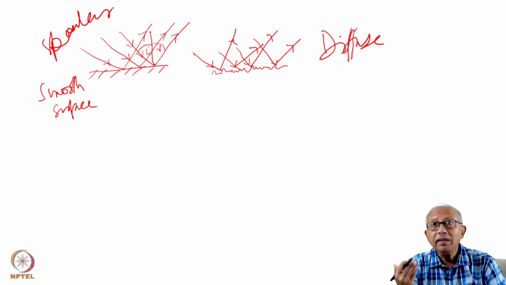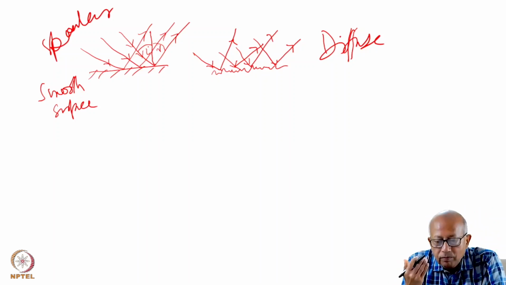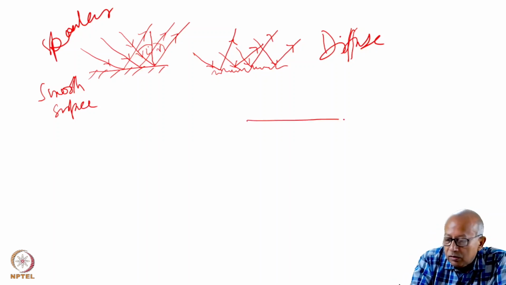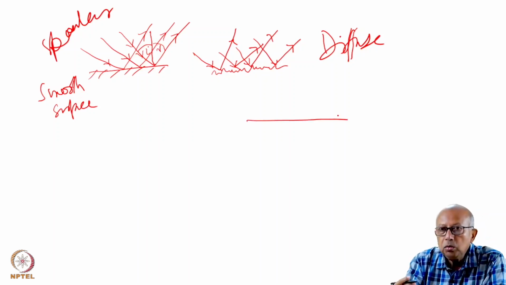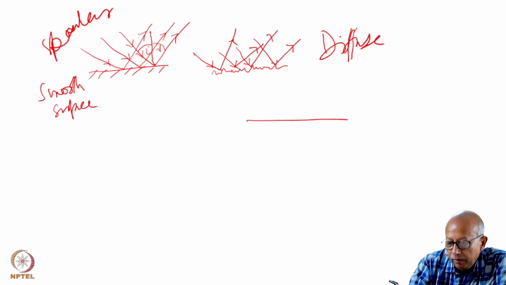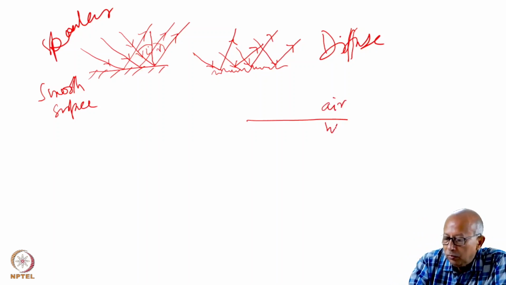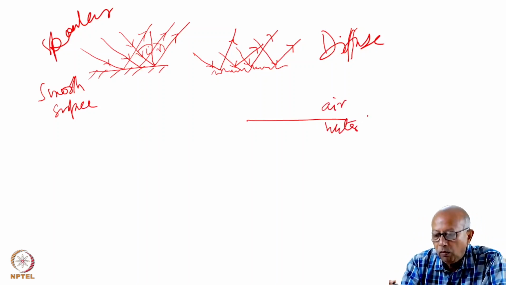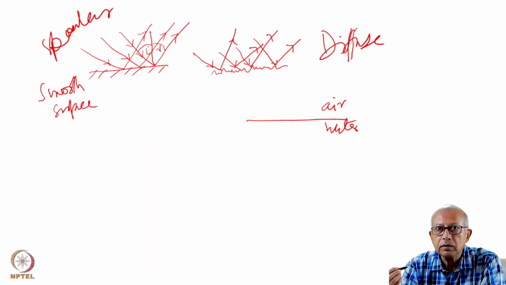There is another surface that we must also consider, that basically is an interface which separates two optically transmitting media. So one could be air, the other could be water, or it could be air and glass.